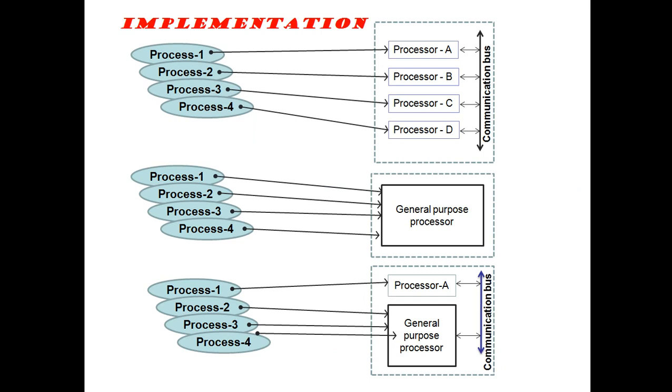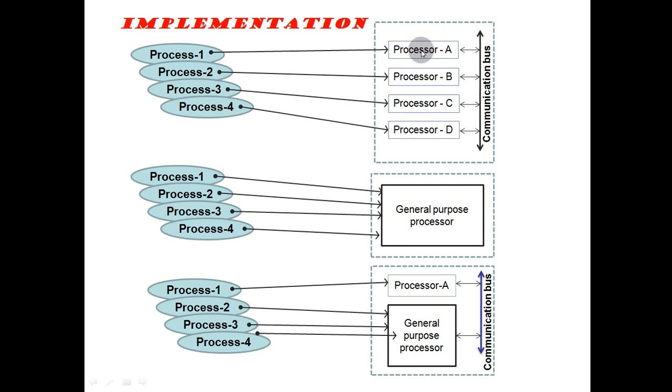Now the implementation: one is the communication bus, where process 1 goes directly to processor A, and the same thing happens for the others. In the case of a general purpose processor, all the processes go into the general purpose processor. Suppose we have application specific processors, where processors A, B and C each handle processes 1, 2, 3 and 4 simultaneously. But in the case of a general purpose processor, there are n processes, so all of them get into the general purpose processor.